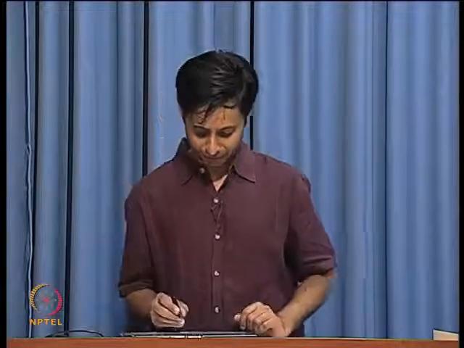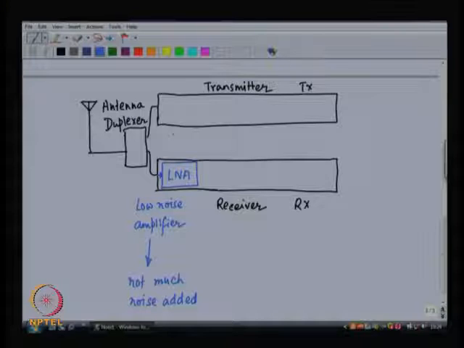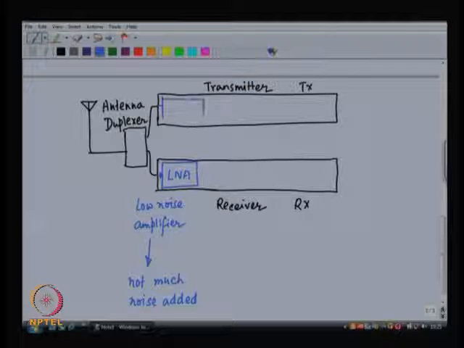What is going to be the last block on the transmit chain? Just before throwing out the signal to the antenna, to the duplexer, what we need is something called a power amplifier. We want to blast as much power as possible into the atmosphere, so that the base station can hear me clearly.